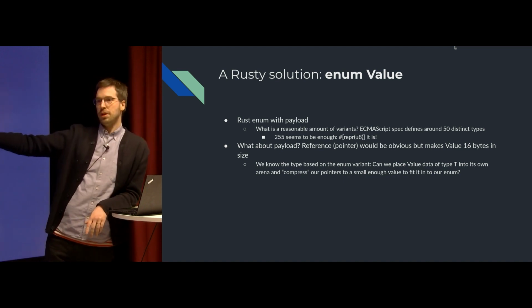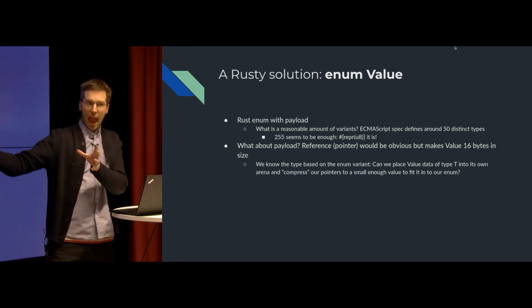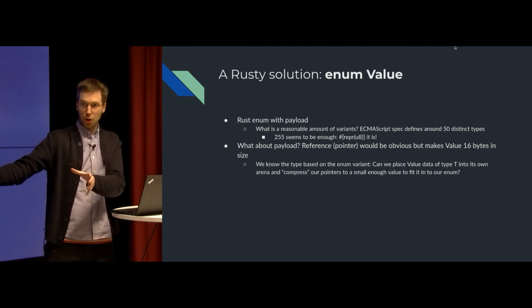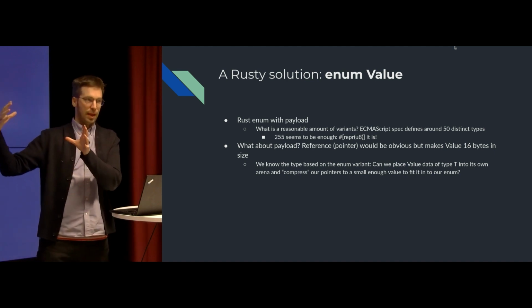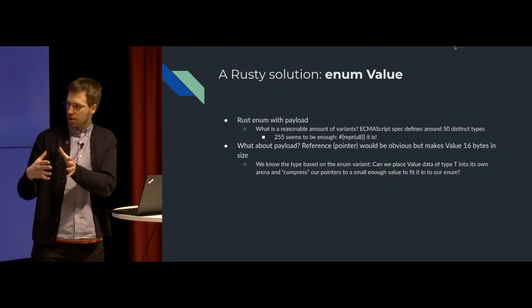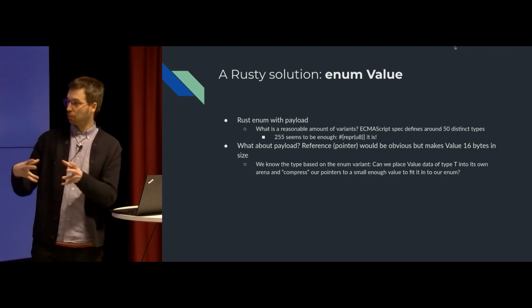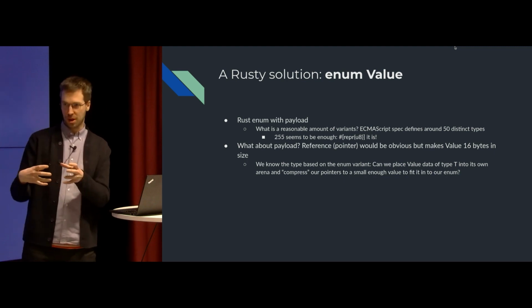So can we place the data for that type, T, into some arena that we know, and then compress our pointers small enough that we end up with our value compressing down to 8 bytes?